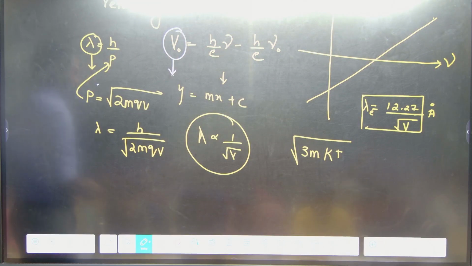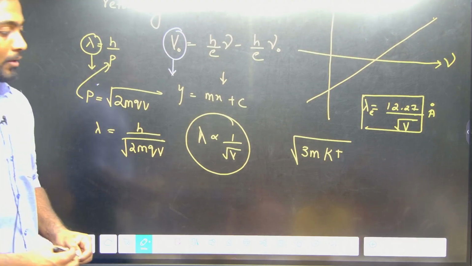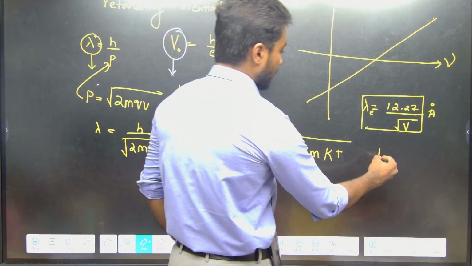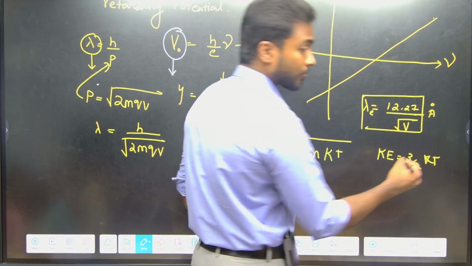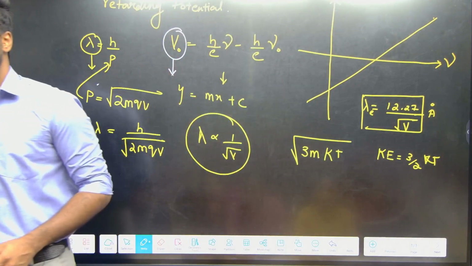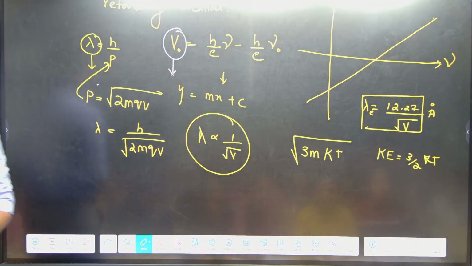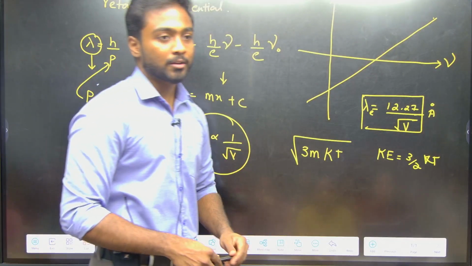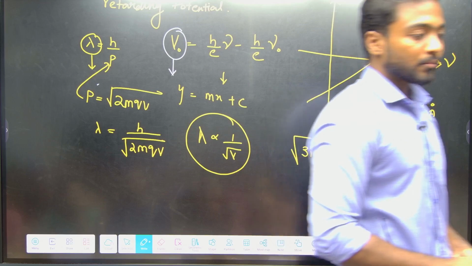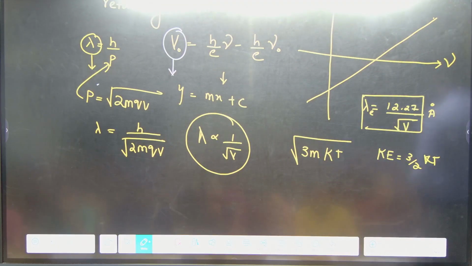Okay. Do you remember this formula? Kinetic energy is equals to 3 by 2 kT in kinetic theory of gases, KTG. Sometimes k denotes the gas constant.